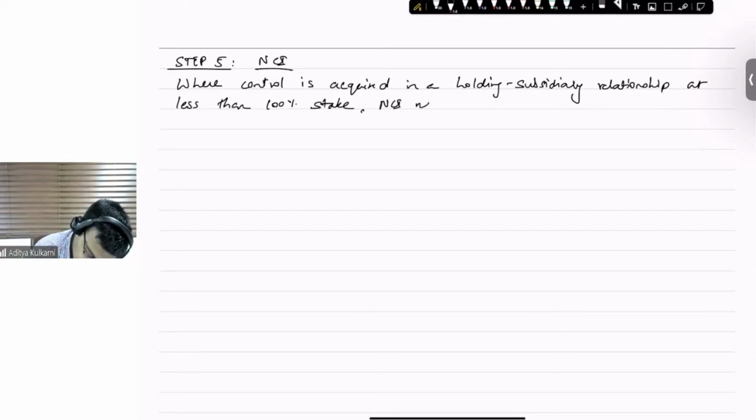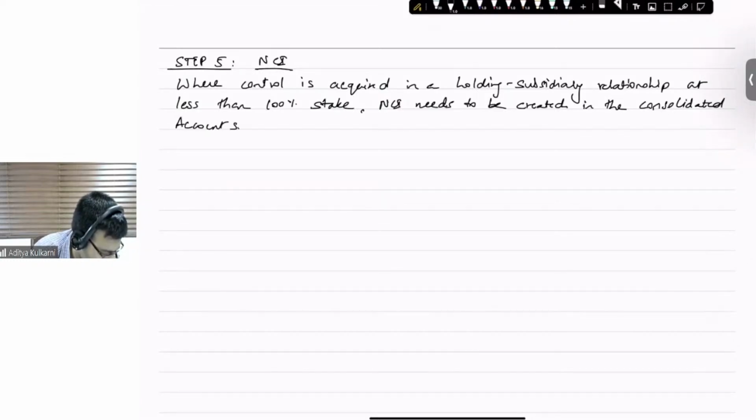NCI needs to be created in the consolidated accounts.